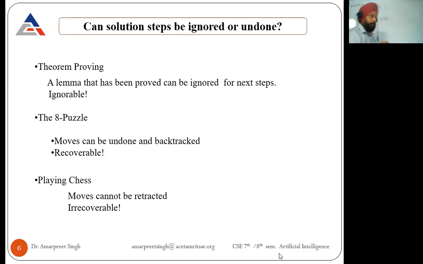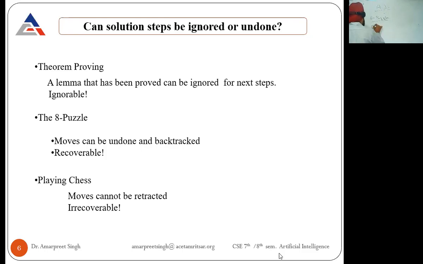Here you take one move, but if you feel that it is not right, you can revert back. You can revert back in this type of problem. So it is recoverable. The step or the move can be reverted back. The step or the move can be backtracked.